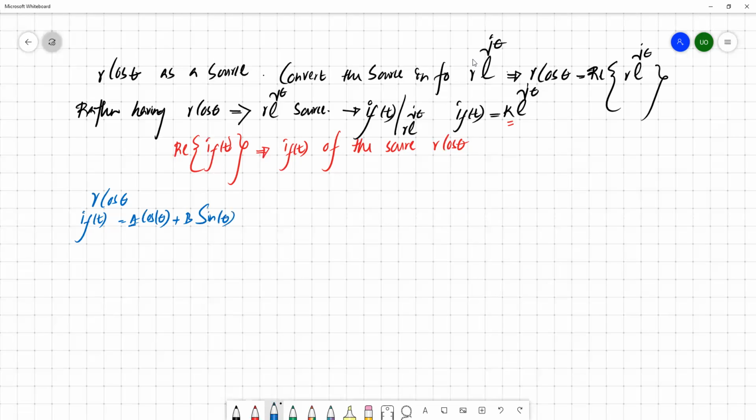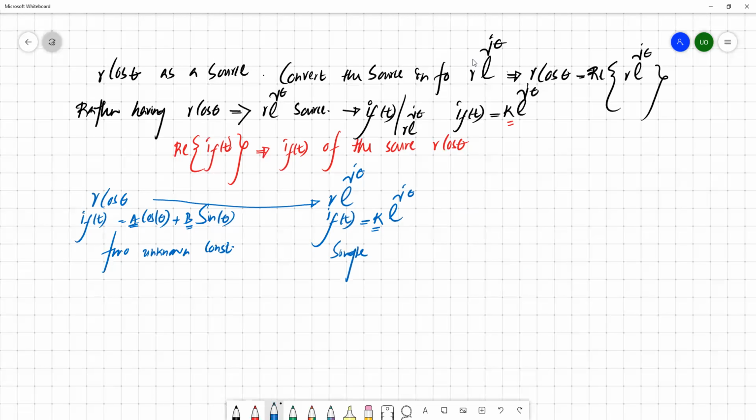Then you need to find this A and B, two unknown constants. But once you convert this to r e to the power j theta and find the trial solution, this would be k e to the power j theta. So you need to find this constant only, a single unknown constant.